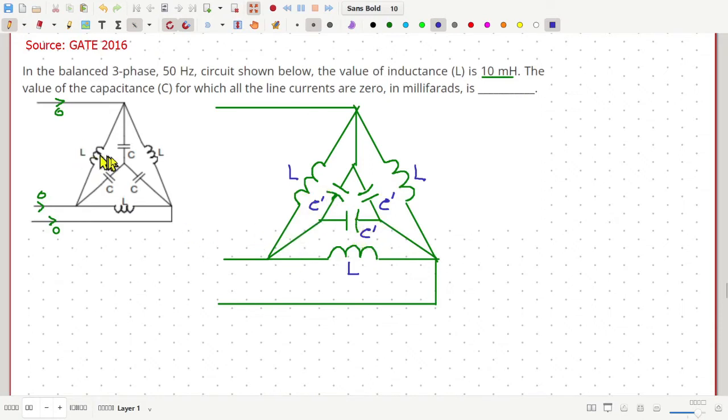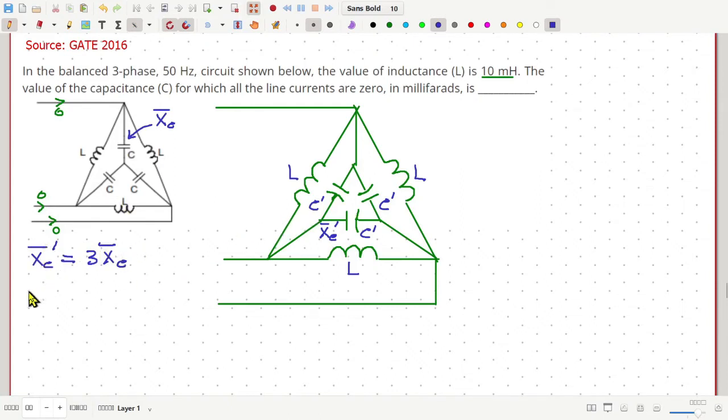Okay, then, suppose these capacitors in the original circuit had an impedance of XC, and the impedance of these new capacitors in this modified circuit is suppose XC prime, then we know that XC prime should be equal to 3XC according to the rule of star to delta conversion.